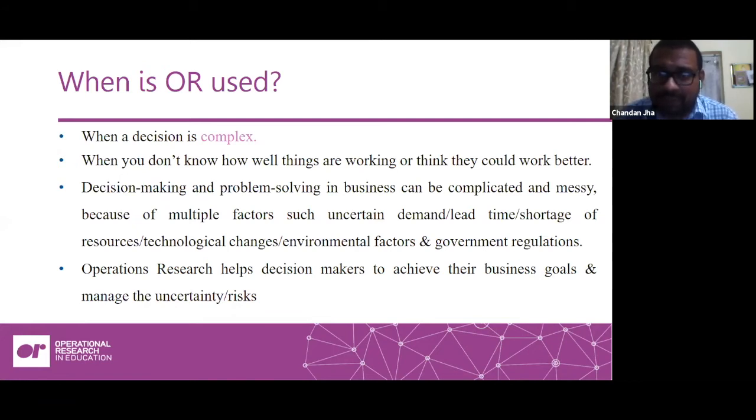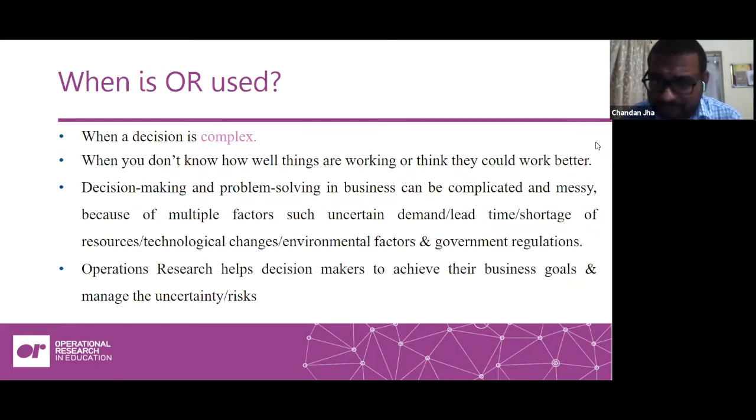For example, multiple factors such as uncertain demand, lead times, availability of resources, shortage of resources, technological changes, and also environmental factors and government regulations. So we can say the challenges come from different aspects.